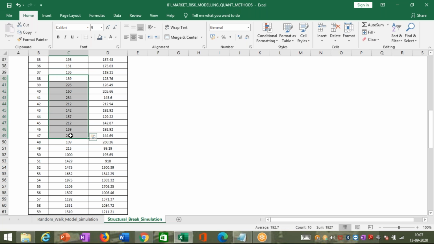The average is 192. Then 39 to 48, the average is 189. From 40 to 49, it is 188. Now I move from 41 to 50, you see suddenly this goes up to 272. Now if you move from 42 to 51, your average is 392.